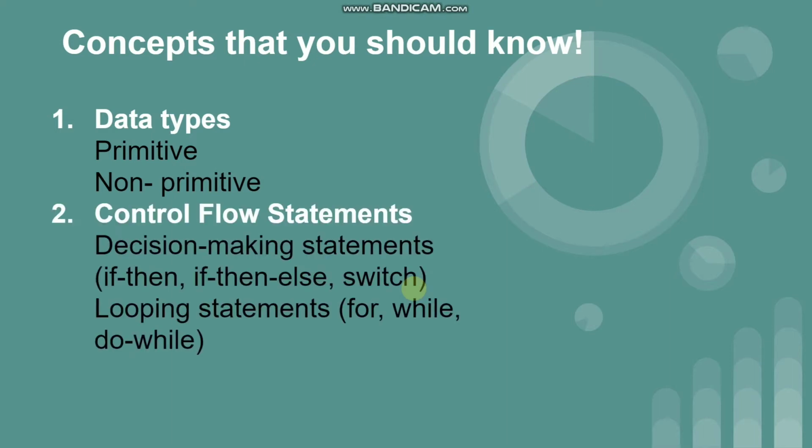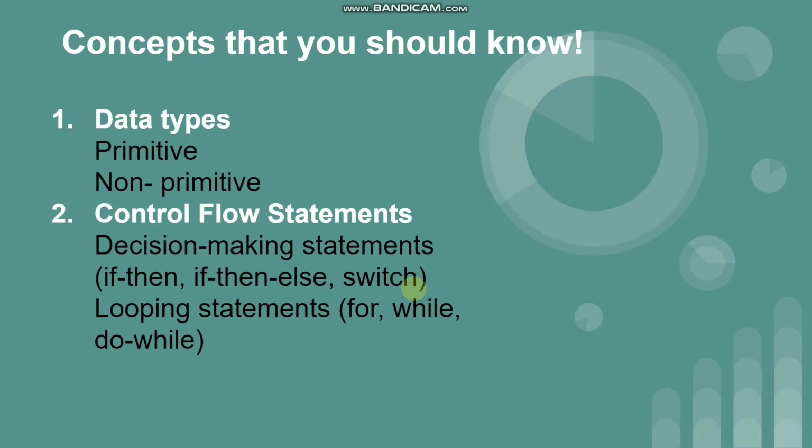Second, you should know the control flow statements: the decision making statements, if then else, switch, and the looping statements, very important, for, while, and do while loops. You should have basic knowledge of how these work. If you're not sure about these concepts, I have added some links in the description, so you should watch them first and then start watching the questions and their solutions.